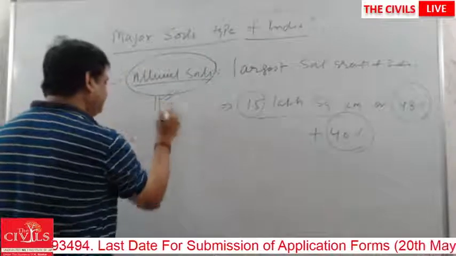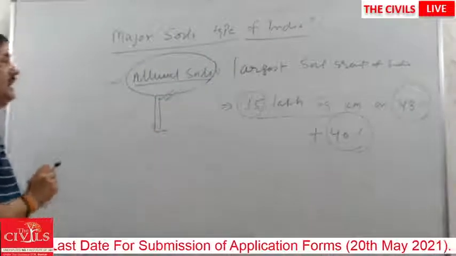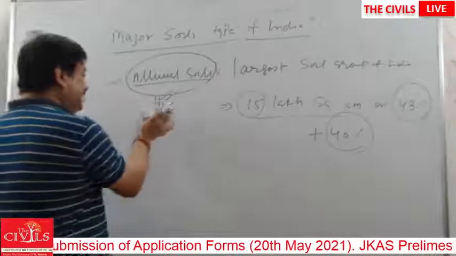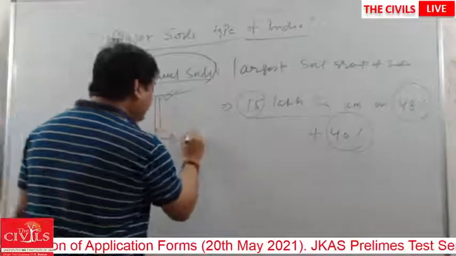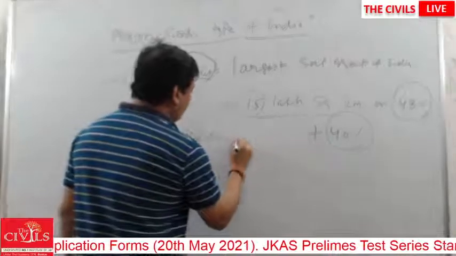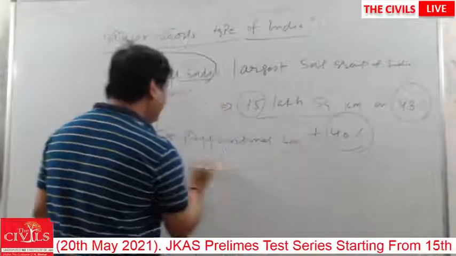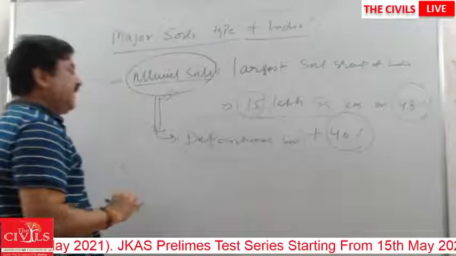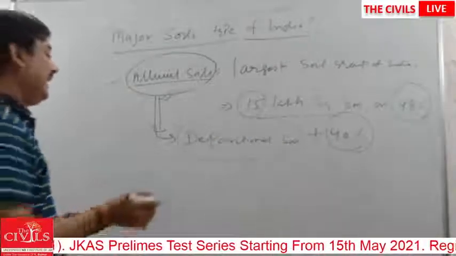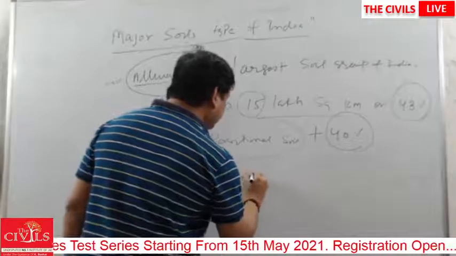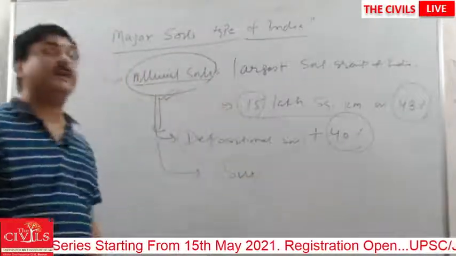is an example of intrazonal soil, and this soil is also known as depositional soil. Alluvial soil is a depositional soil, and it is formed by the deposition of silt carried by river.